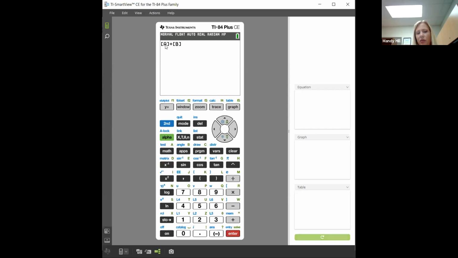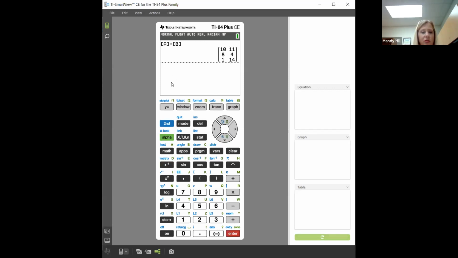Okay, so I'm saying add matrix A and matrix B and tell me what you get. So here is matrix A plus matrix B, and we'll talk about what that looks like, the mechanics of it in 10.2, but I did want to make sure I just show you how to do this on the screen.